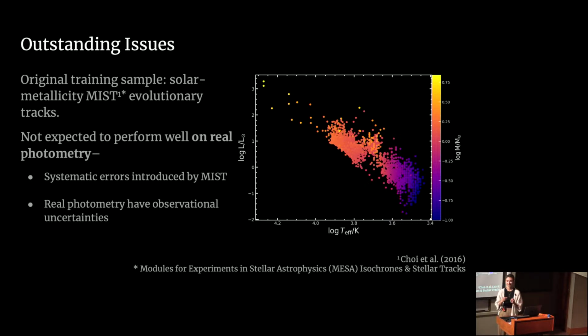First, stellar evolution is not a perfect theory, and so each of its implementations, including MIST, are going to have their own systematic biases that will carry over into any estimate that StelNet makes if that's the only training data it has seen. And additionally, real photometry have observational uncertainties that offset the measurements we make from the predictions of stellar evolution theory.